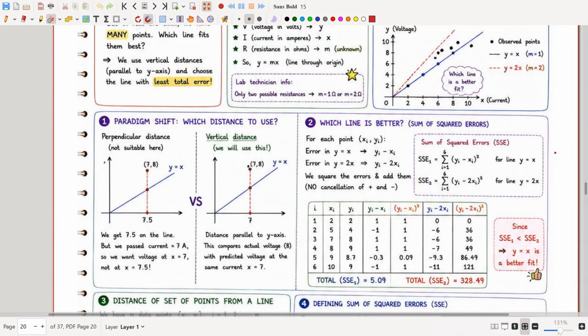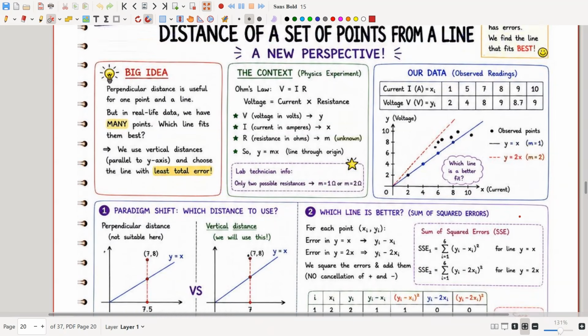In general terms, we'll say it as actual minus predicted values. In graphical terms, or coordinate geometry terms, it will be y terms minus x terms. These differences are found, then squared, and then added to get the total SSE. So if the SSE of line 1 is less than the SSE of line 2, then line 1 is a better fit.